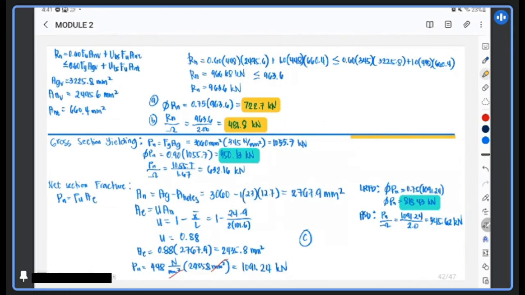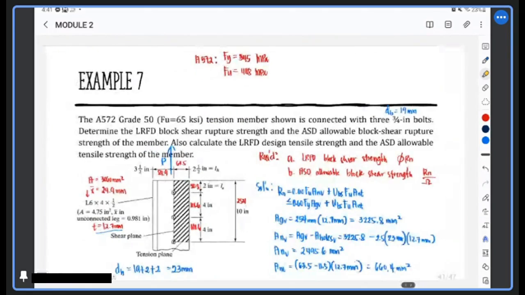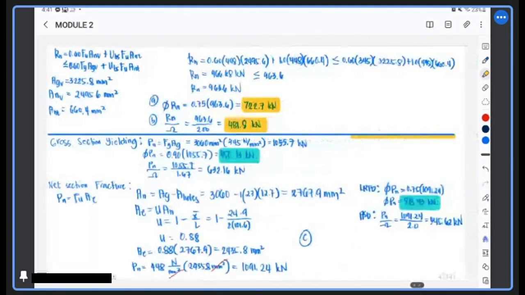Okay. So what do you think is the answer for LRFD design tensile strength? The least of the 3. Of course, it is block shear rupture or 722.7. Right?